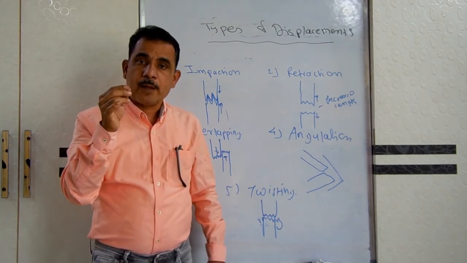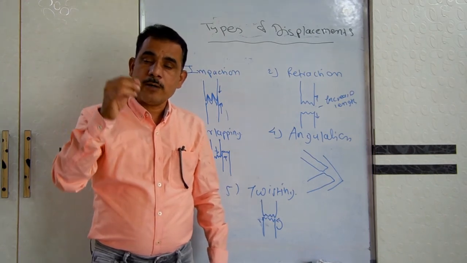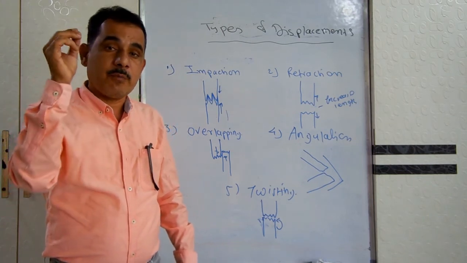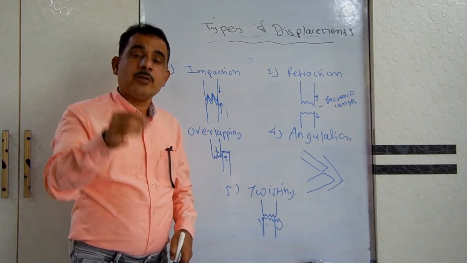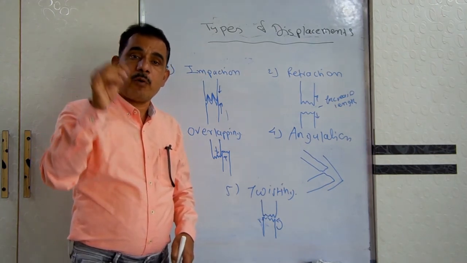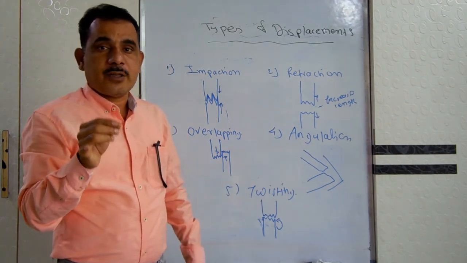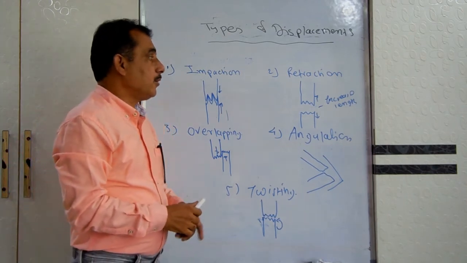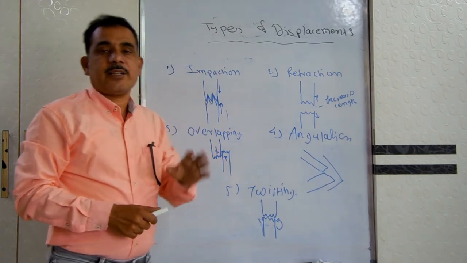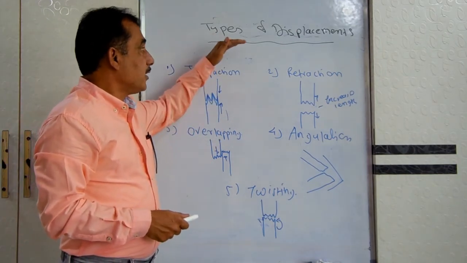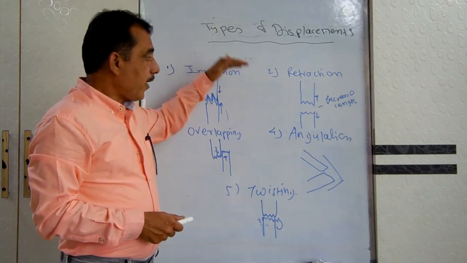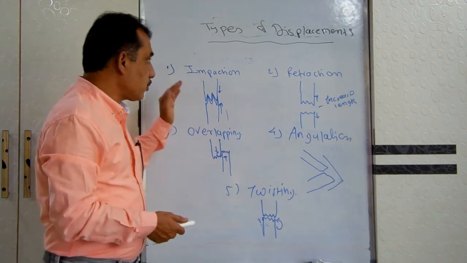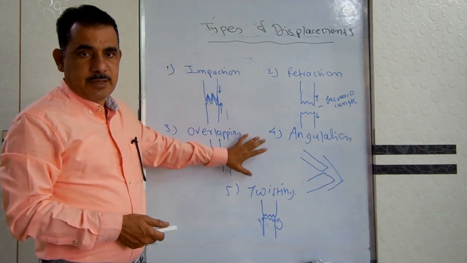So for proper union, or for proper restoration of the anatomical continuity of the bone, you must carry out the reduction of the fracture properly. And for proper reduction, we must know what type of displacement is there. According to that displacement, the method of reduction is carried out. That's why the displacement of the fracture is important for the management of the fracture. Hope that you have understood the types of displacement.